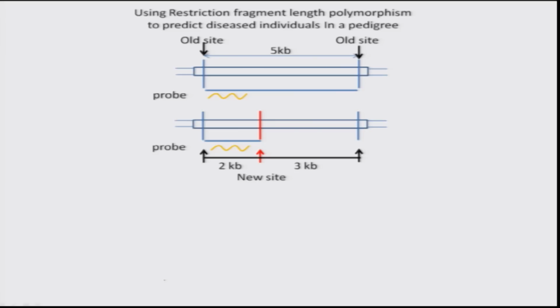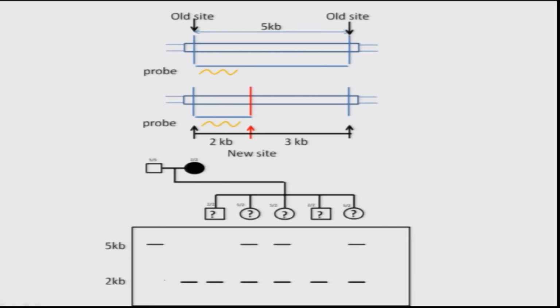So now when this gene is digested with these 2 restriction enzymes, apart from generating a 5 kb band upon a partial digest, it will also lead to the generation of 2 other bands on a full digestion, one of 2 kb and the other of 3 kb. So let us see, this is a pedigree of a diseased family which has a polymorphism.